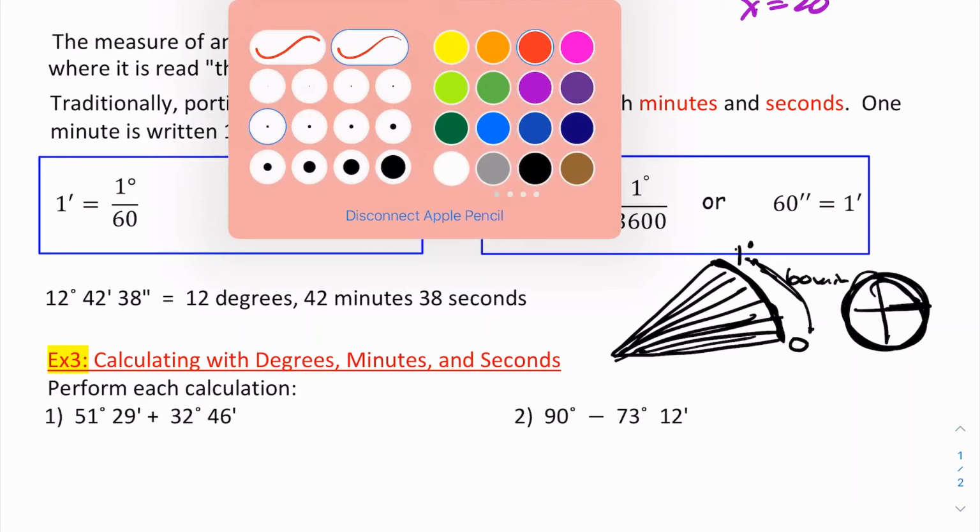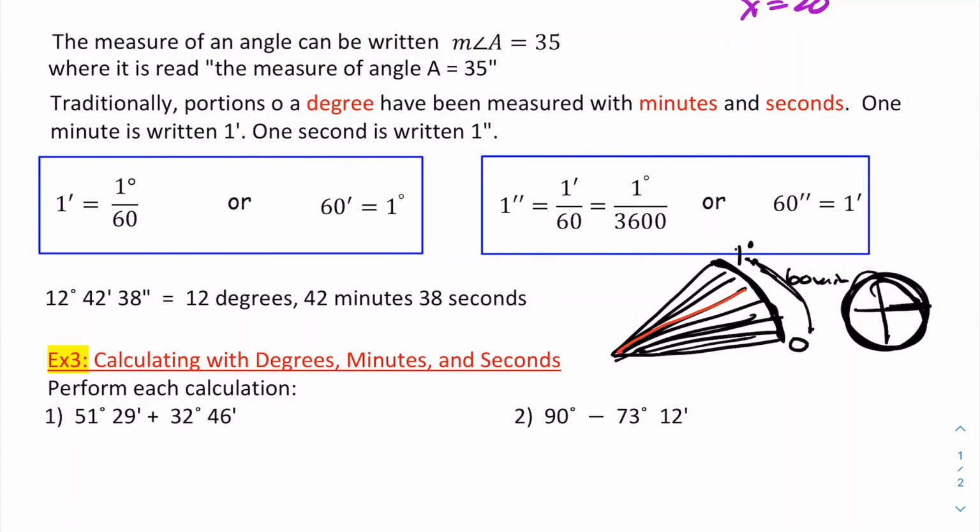Then if you take each one of those minutes, we're going to pretend that this is a minute, and they cut that down into 60 seconds. Obviously we can't see that visually, but again, 1 degree gets cut down into 60 minutes, and each minute gets cut down into 60 seconds.